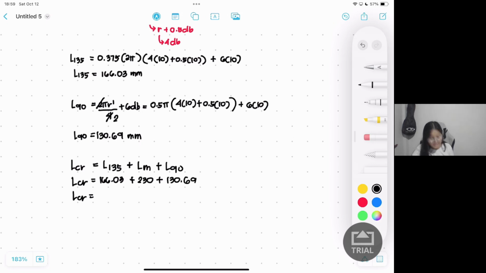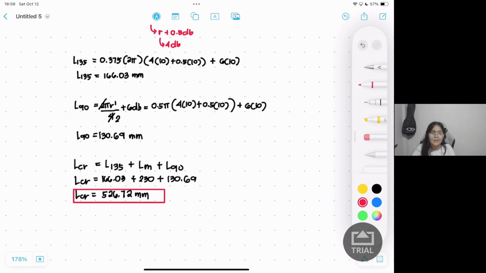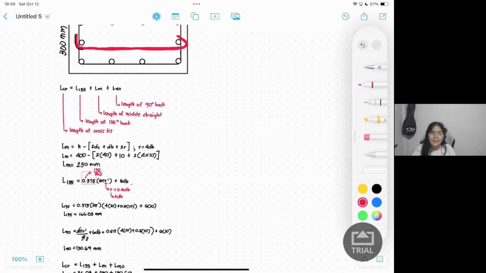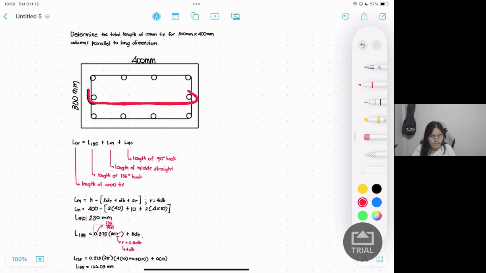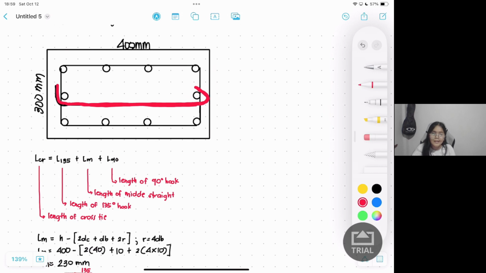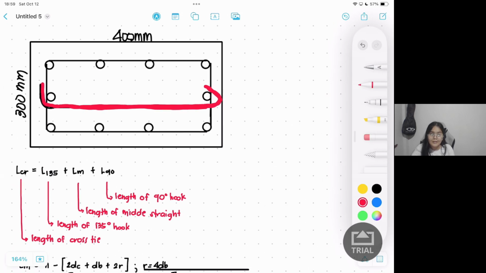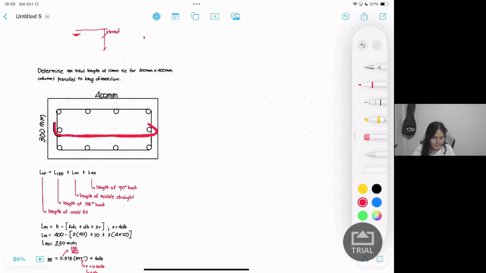Pag kinalculate nyo yan, makukuha nyo 526.72 mm. So, that is your final answer. Okay, so hopefully nakuha nyo yun na. Ito yung madaling part kasi alam na natin mag-compute ng length ni 90 degree, 135 degree, and then kukuha lang tayo ng length of middle straight natin.